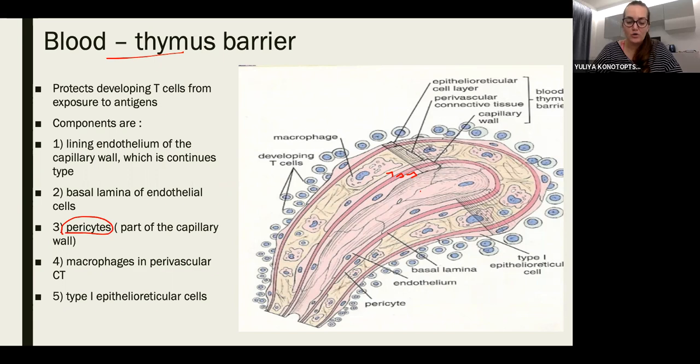So they are contractile cells, because you have to remember that pericytes are only present in the capillaries and post-capillary venules. What is the same thing for both of those vessels? What unites capillaries and post-capillary venules? What do they have in common that other vessels maybe do not? What's the purpose of the pericyte?